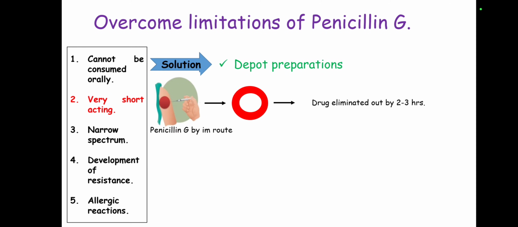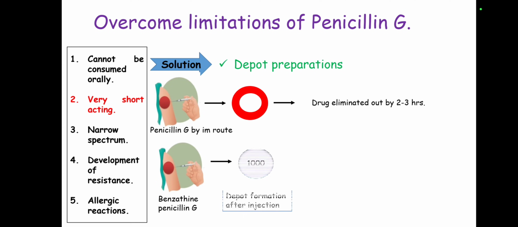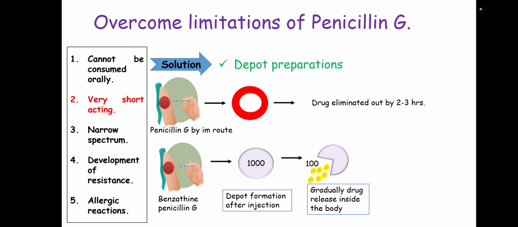But instead of penicillin G, if we give benzathine penicillin G by intramuscular route, then what will happen? Out of 1000 molecules, only 100 molecules have come into the blood. So these 100 molecules will produce the action for 2 to 3 hours, and after that they will be secreted out and thrown out of the body.